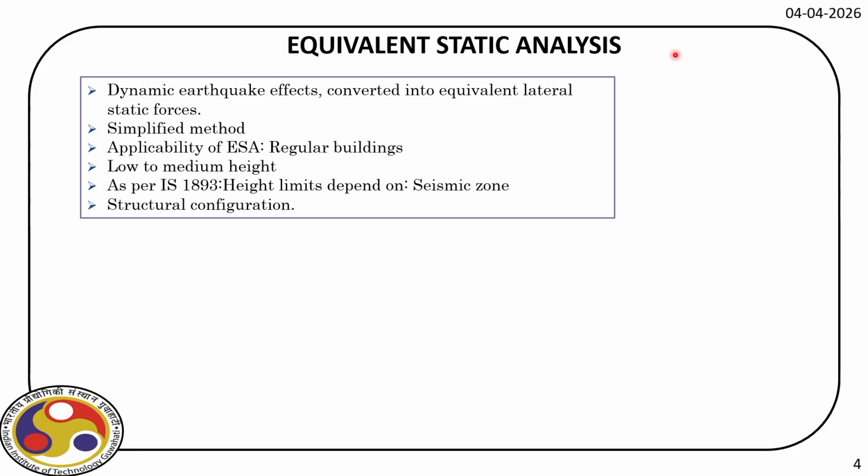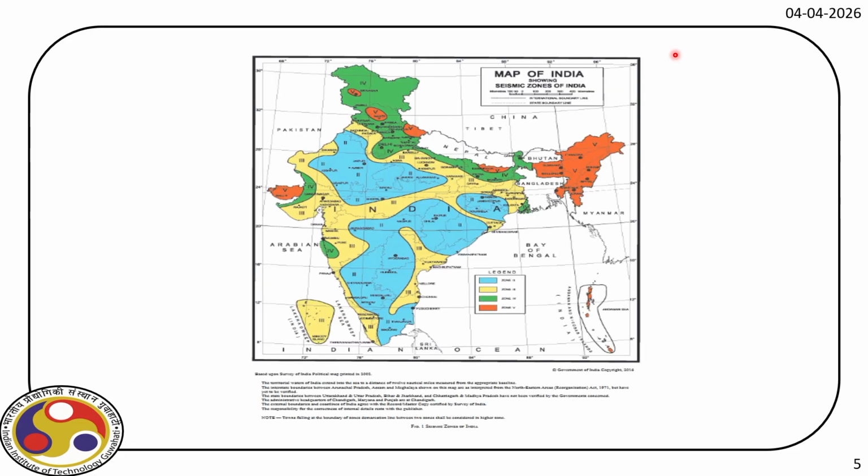Now, as per this codal provisions, we will see there are different seismic zones and there are different structural configurations also. Now, what are the different seismic zones? There are altogether 5 different. Out of that, one is not effective anymore. So we have 4 seismic zones marked on this map.